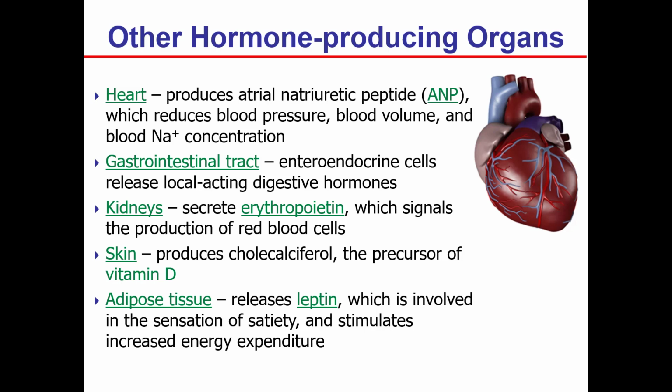And finally, adipose tissue. Adipose tissue releases the hormone leptin, which tells the brain you're satisfied or you're full, and it can also stimulate use of more energy because you're in the fed state.